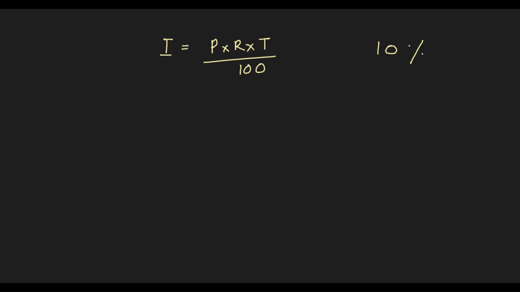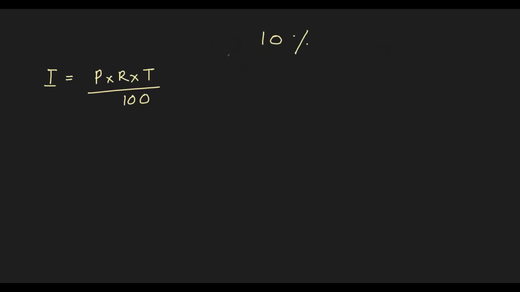So after 2 years, how much amount will they get? Here R is equal to 10%, P you can take as rupees 5,000 and time is equal to 2 years. So Rahul, after 2 years, went to the bank and collected the money back.